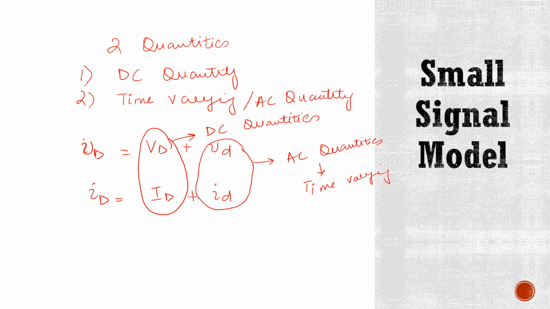Now, these are total instantaneous quantities that are written in lowercase with uppercase subscript. We know that instantaneous quantities are those that are measured at a particular instant, and they are DC plus time varying.